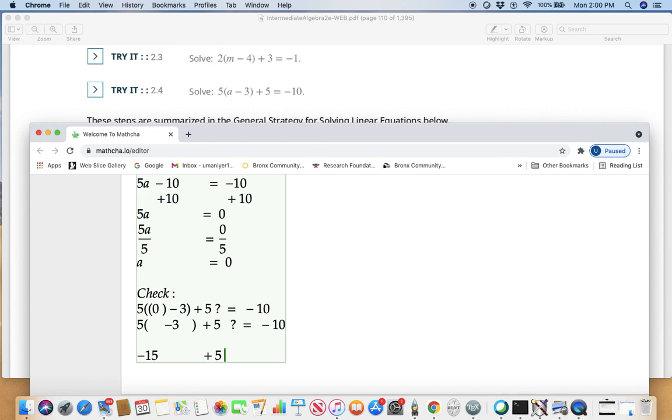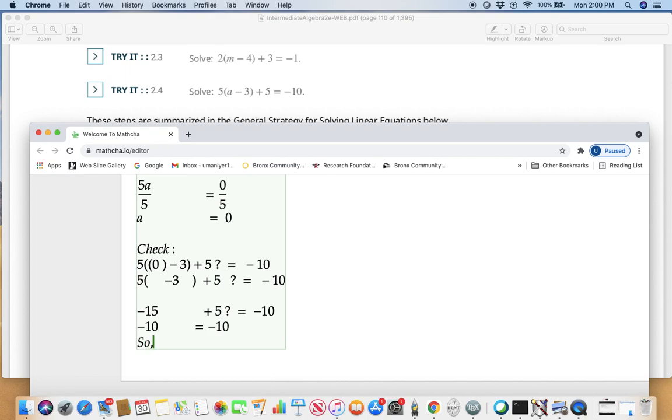Plus 5 question equals negative 10. Negative 15 plus 5 is negative 10. Is it equal to negative 10? Yes. Negative 10 is equal to negative 10. So a equals 0 is the solution of problem 2.4.